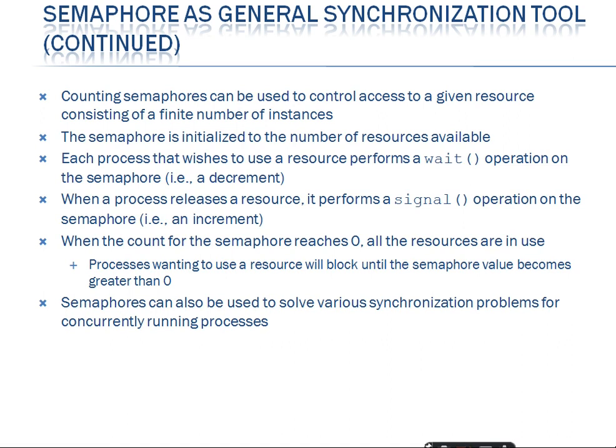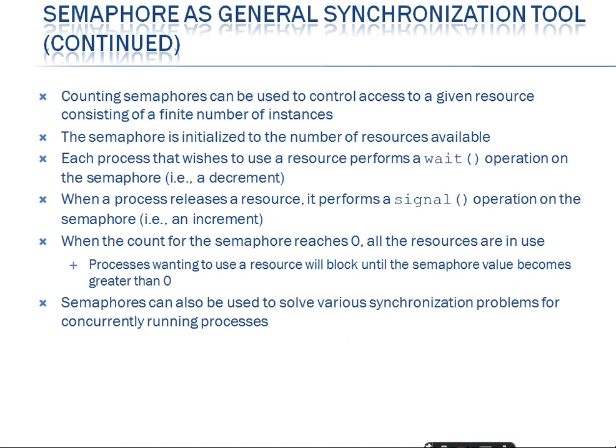Process synchronization can be handled with the help of binary semaphores, whereas if you want to control the access to the given resources, you can use counting semaphores, as the resources in the system may have many instances and we need to control their access. So the semaphore is initialized, in this case, to the number of resources available in the system.